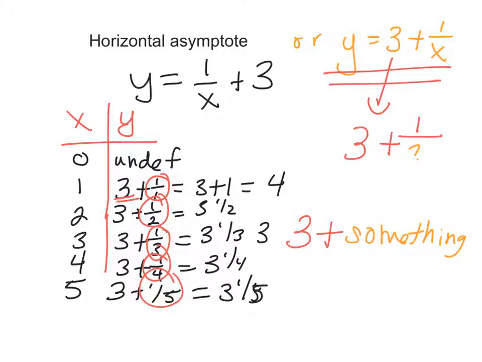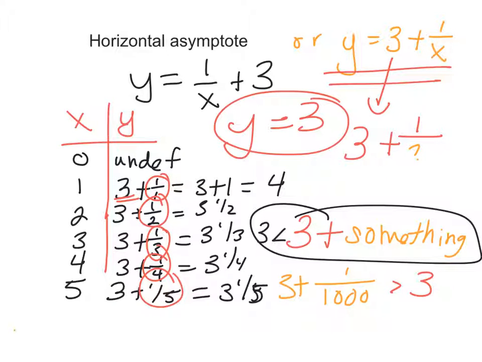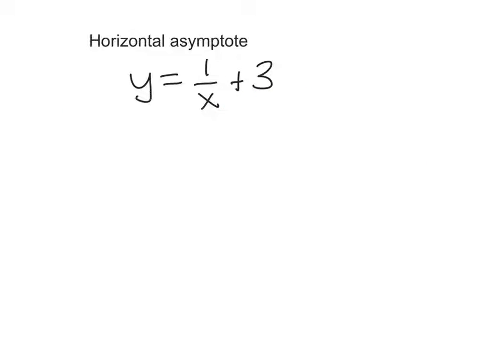So we know that our y value would never touch 3, because the fraction we're adding, albeit as small as 1/1000th, is still a little bit bigger than 3 if we add it to the number 3. So we can see that our horizontal asymptote here would actually be at y is equal to 3.